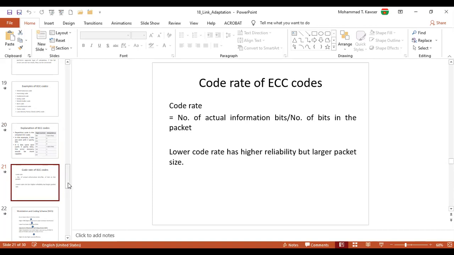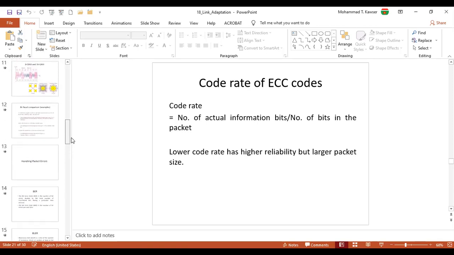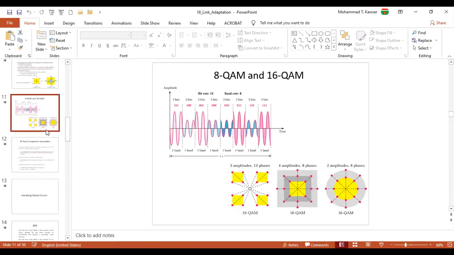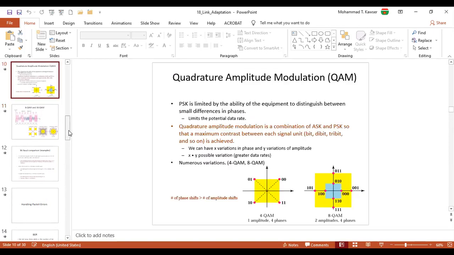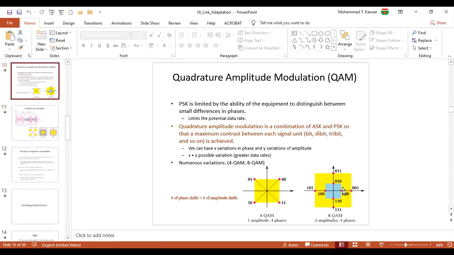Okay, now let's go back to our modulation technique. See, if you go for a lower level of modulation, like in the case of QAM, 4 QAM or 8 QAM, the separation among the dots in the constellation diagram is quite a bit.